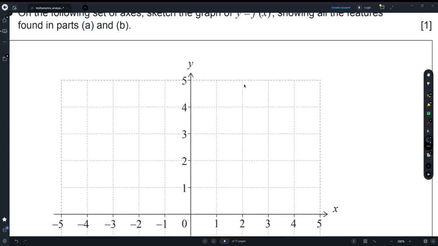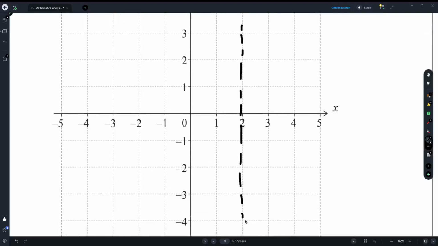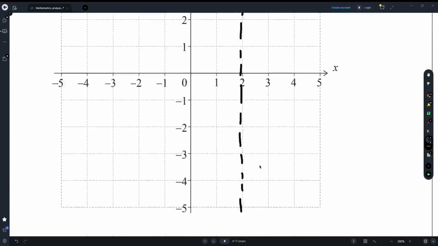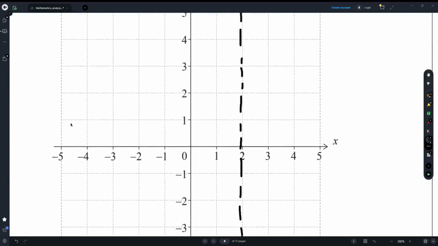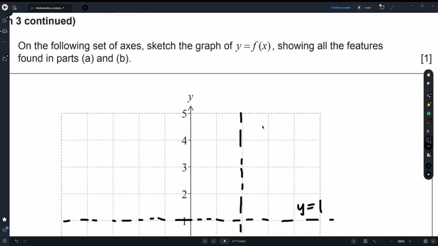This will be a dotted line, like so. Then we know there's a horizontal asymptote at y equals 1, so we just go like this. Okay, x equals 2. Perfect.